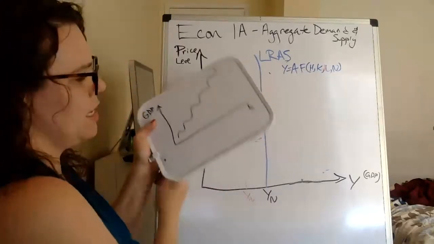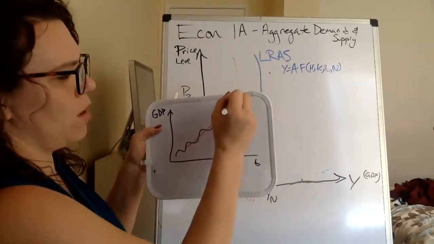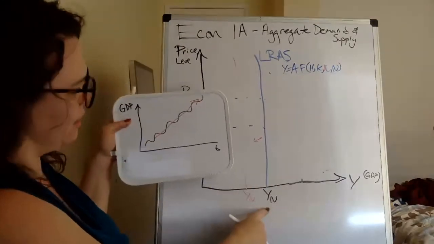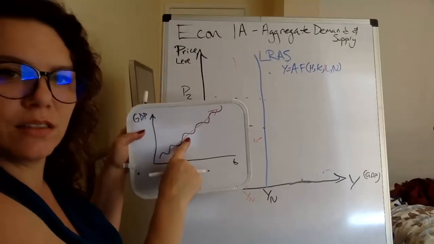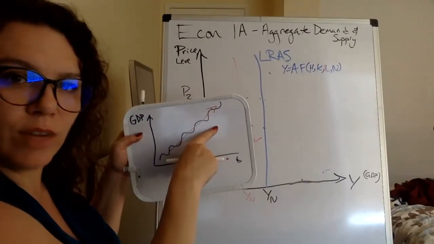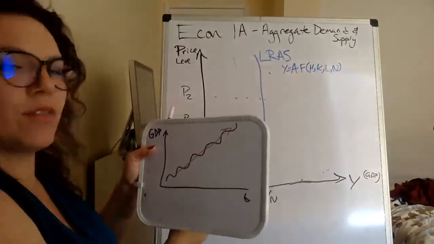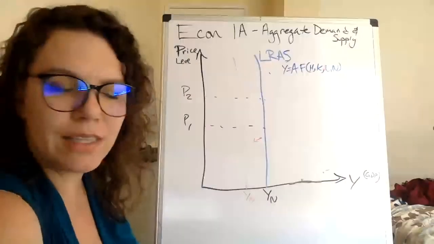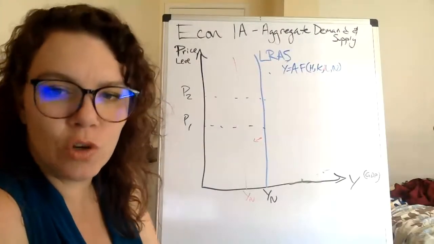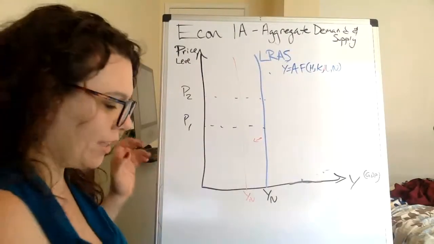That's what YN is: the overall trend, that resting point. We are going to see fluctuations around that, and those fluctuations take place in the upward sloping short-run aggregate supply curve.